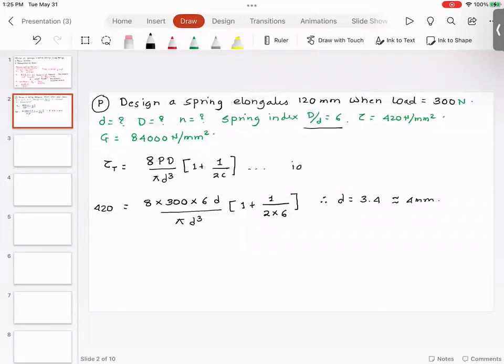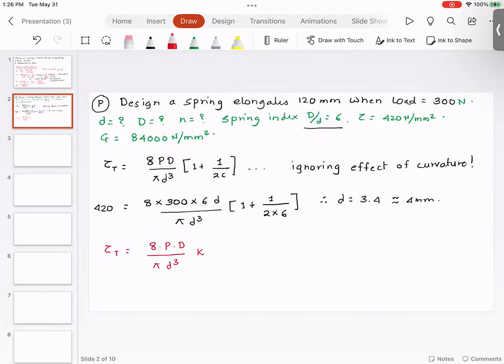So this is ignoring the effect of curvature. Right now, just for this very first problem, I want to take into account the effect of curvature. So if I were to do the effect of curvature, it would be 8 PD divided by pi d cube multiplied by K, which is Wahl's factor.